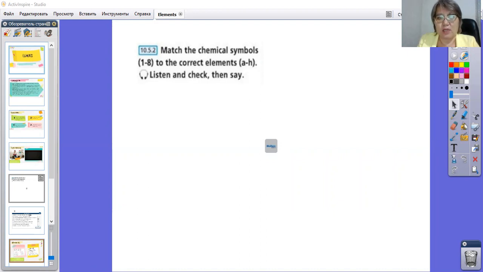For example, E is H, iron is number 3, then carbon is 2, and so on. After that, we will check here.